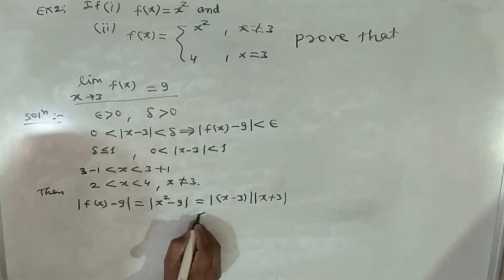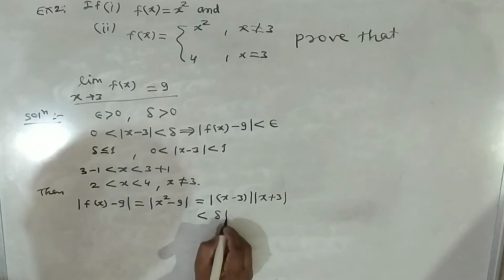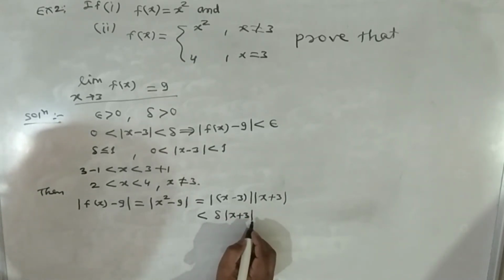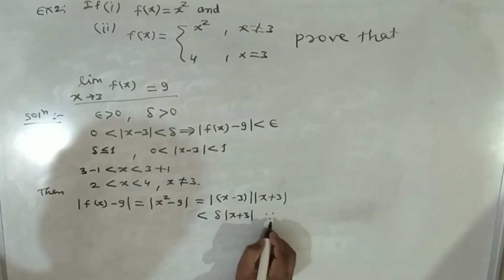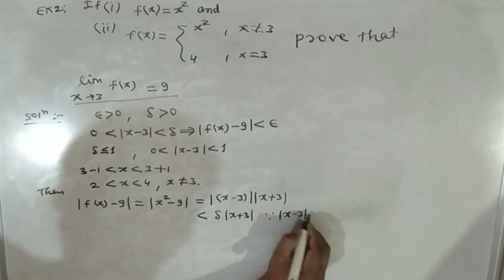So this is less than delta times mod x plus 3, if mod x minus 3 is strictly less than delta.